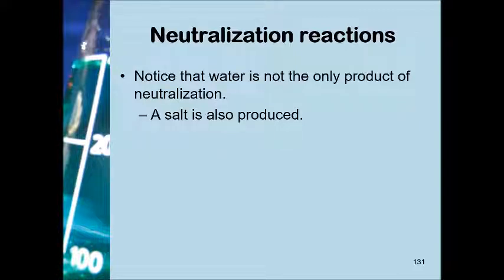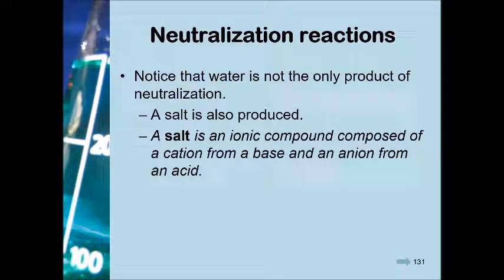And to help you figure out what the salt is, look at here, it says a salt is an ionic compound composed of the cation from the base. Okay, so the base was NaOH. The cation is the positive ion, and that was sodium. So in our example here, sodium is the cation. And then it says the anion from the acid. That's the negative ion. So in HCl, chloride is the negative ion.